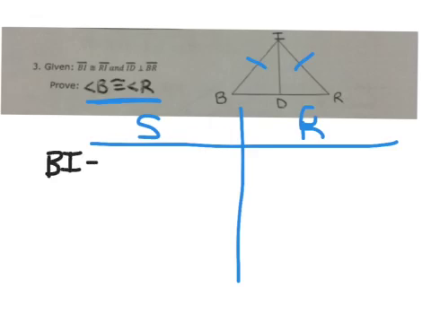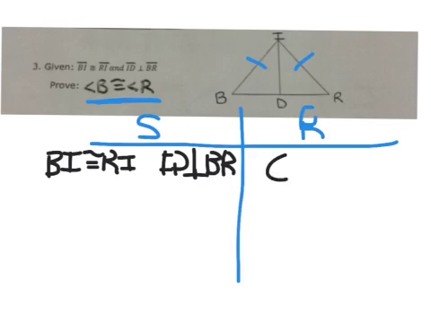BI is congruent to RI. ID is perpendicular to BR. Now, that perpendicular is going to be very important. What do perpendicular lines do?